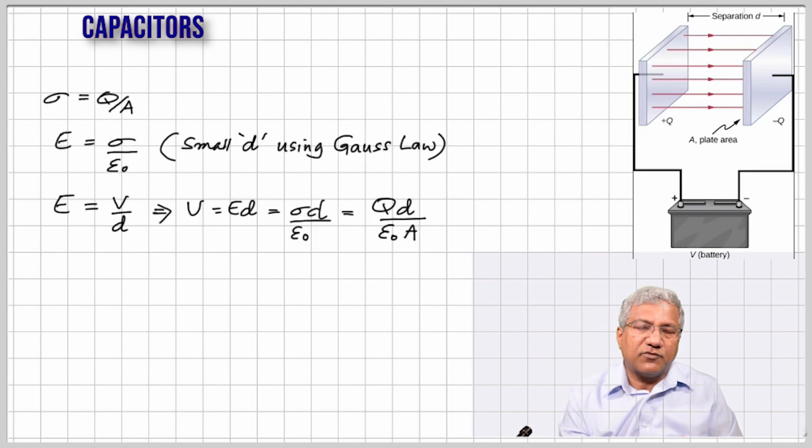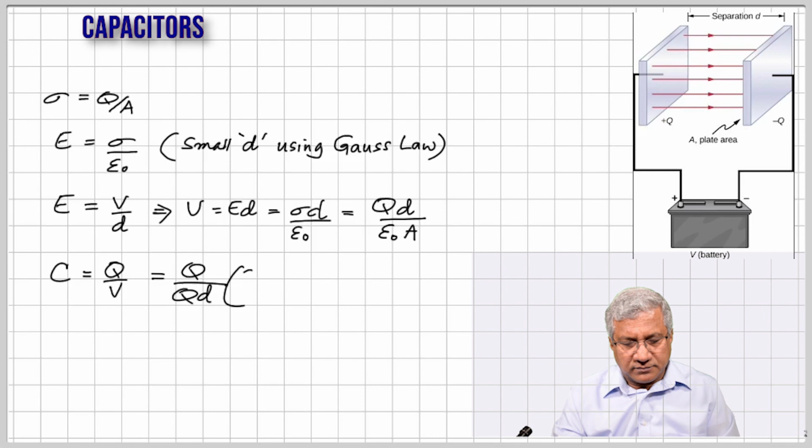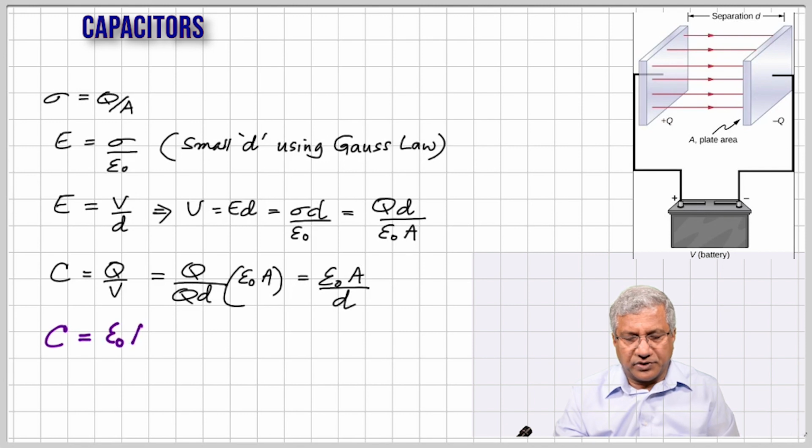So once we get the voltage, we can find the capacitance, because capacitance is Q by voltage. And voltage is there, so substitute that. Of course, it flips, and then you get epsilon naught A by D, which is the formula for the capacitance of a parallel plate capacitor with air as the dielectric.